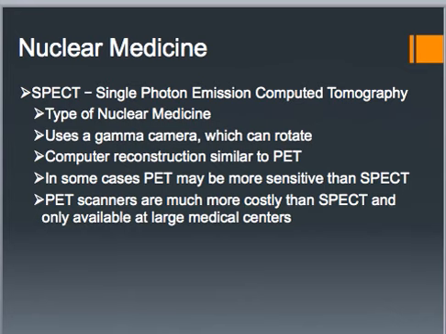So a lot of times PET is only available in large medical centers. It has to be a pretty big hospital for them to have an on-site PET scanner. I don't even think Henry Ford Allegiance does.